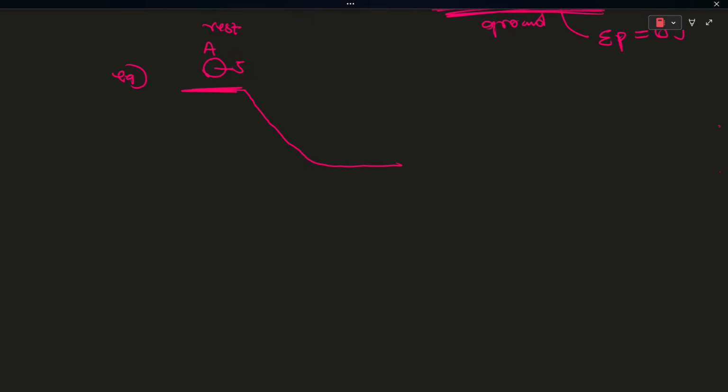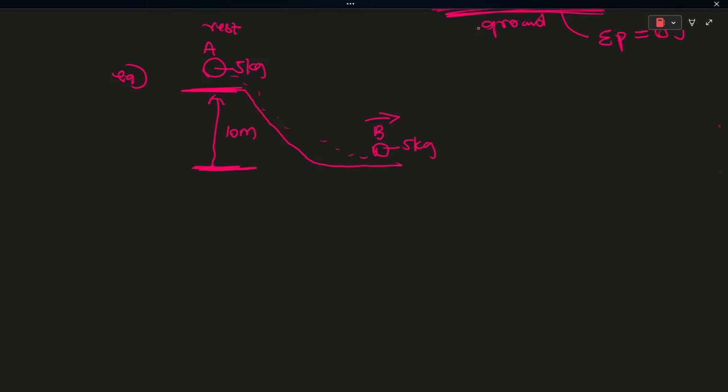It moves downwards, and this is point B. Remember, the ball is still 5 kg. And this height is 10 meters.